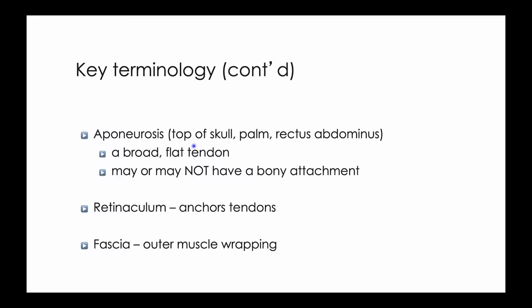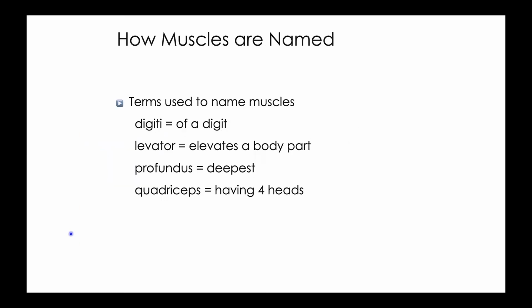This is a really broad, flat tendon that sometimes has a bony attachment, sometimes does not. We have one up on top of our skull, and our palm, and our rectus abdominis. A retinaculum is anchoring a tendon, and fascia surrounds our muscles. This is sort of like the saran wrap around our muscles that helps compartmentalize our muscles.